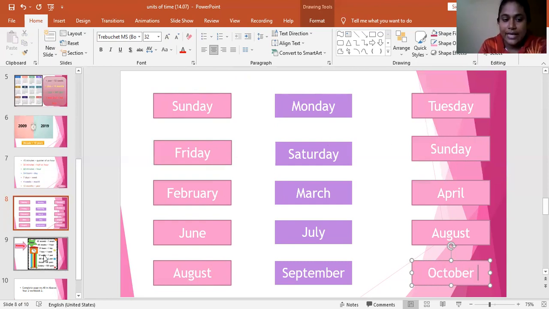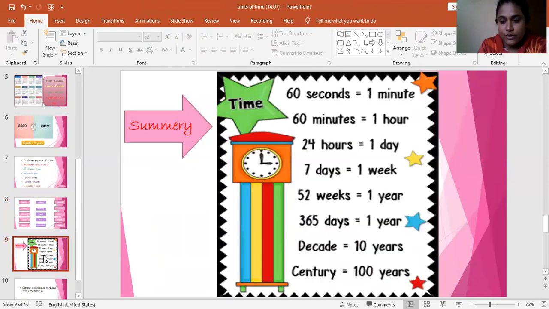We have filled the blanks. And I will summarize today's lesson. We learned 60 seconds equals 1 minute and 60 minutes equals 1 hour. 24 hours equals 1 day. And there are 7 days in 1 week.